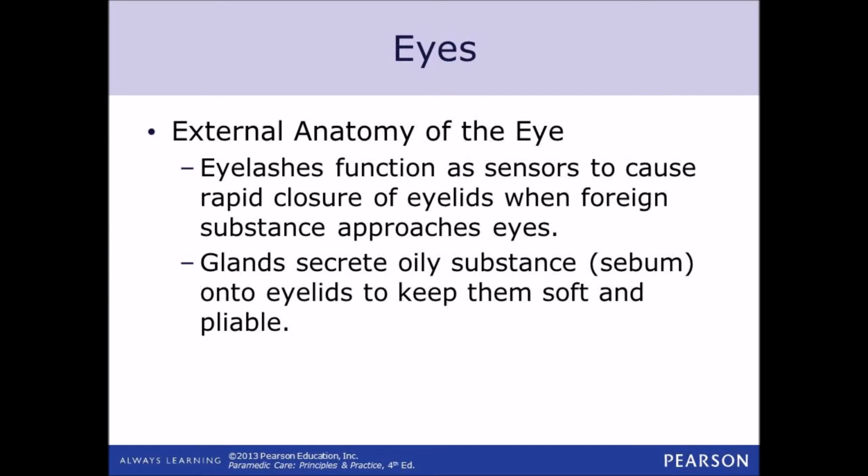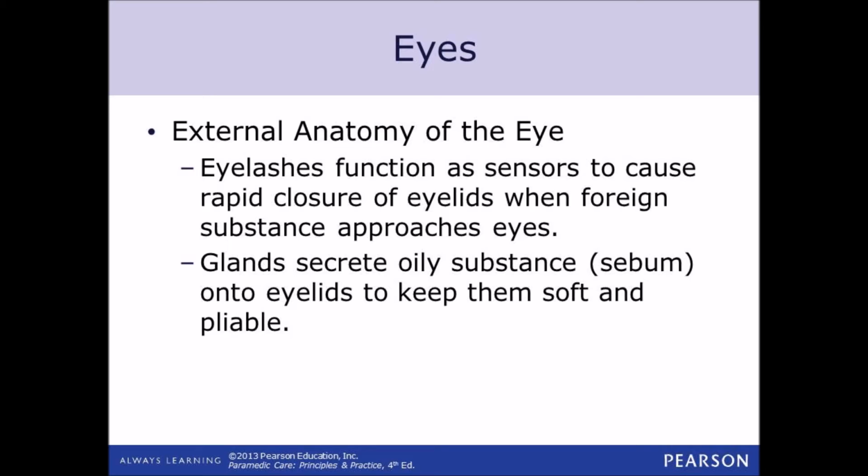The other aspect we have from an external portion of the eye is going to be the eyelashes. Basically, these function as a couple of different things. Usually they are sensory organs that are able to keep foreign substances out. As anything gets close, they're automatically going to blink. And then right at the surface of the eyelashes and the eyelids is where the glands are.